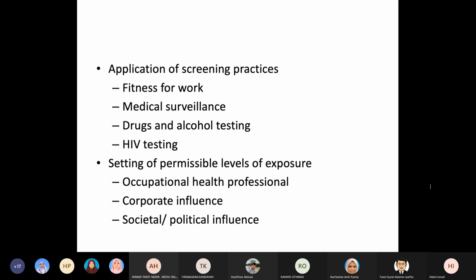Okay. Application of screening practices in terms of fitness for work, medical surveillance, drug and alcohol testing, HIV testing, all these issues have ethical considerations in them, right?